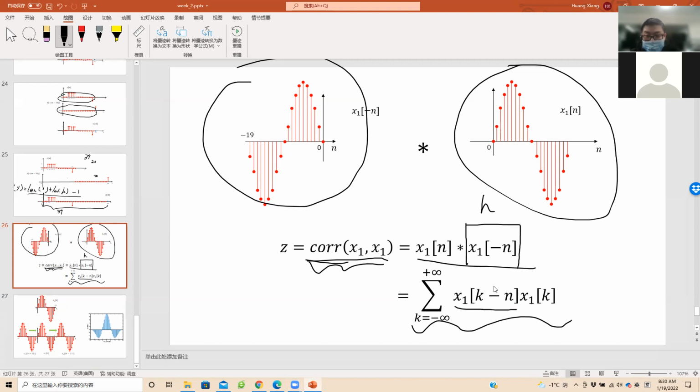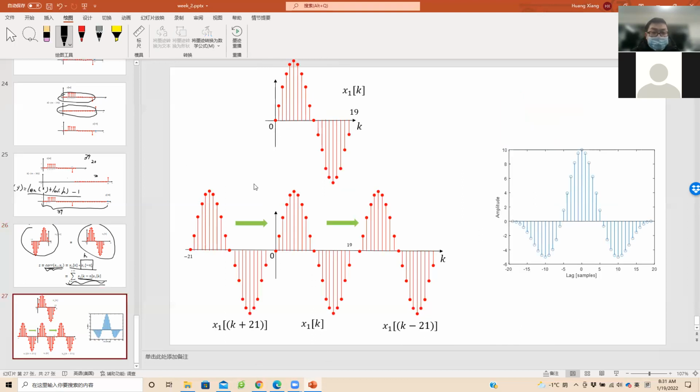This means we just shift the x1 signal to the right by n units. Then we do the product and the summation over k. We can show this process by using this figure.